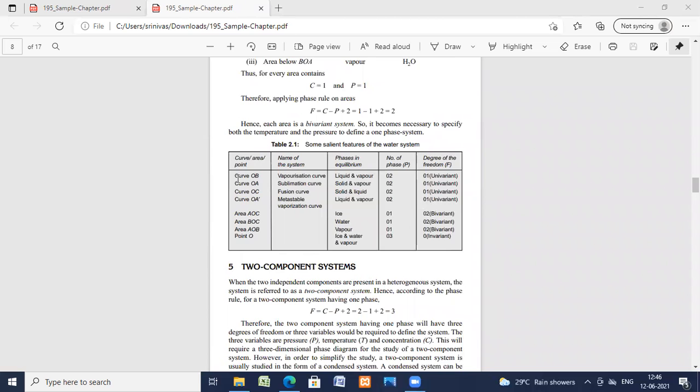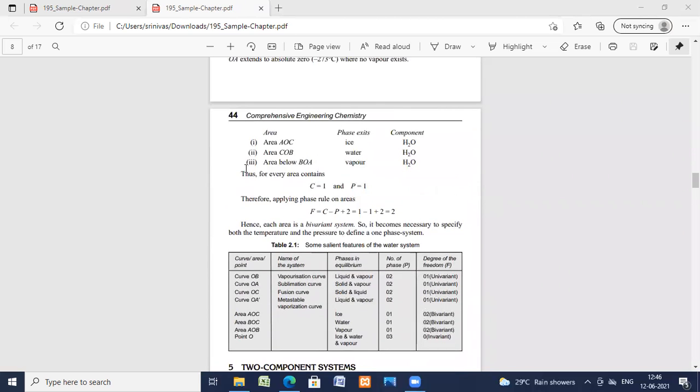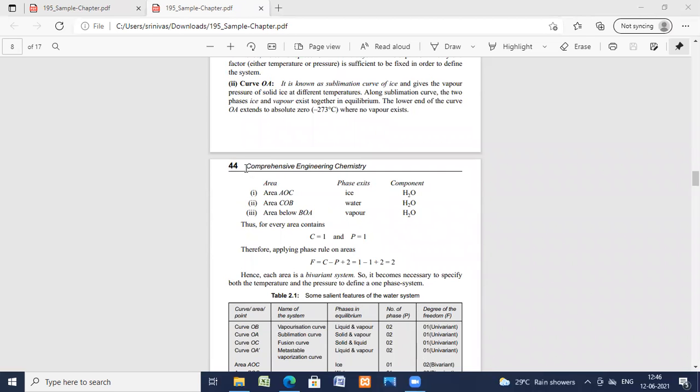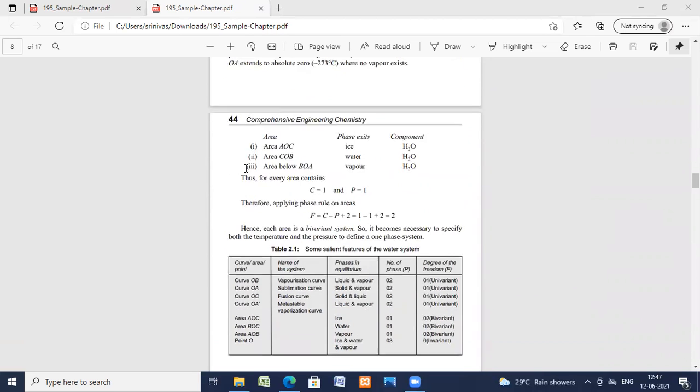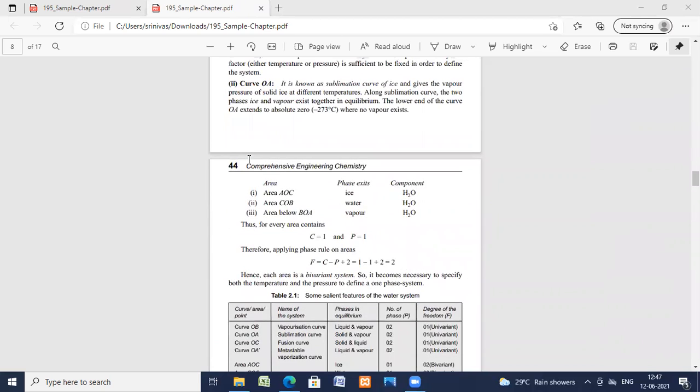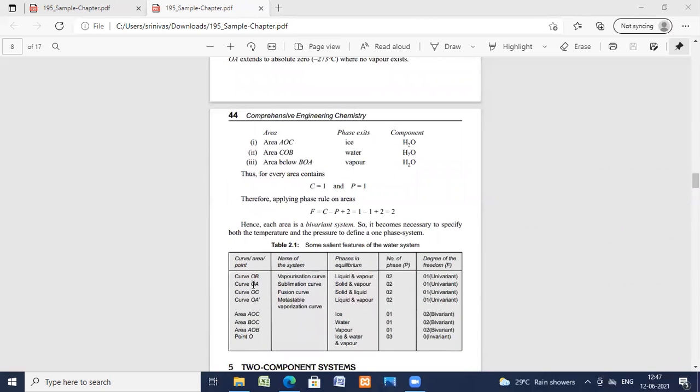Here are the salient features. So this system becomes specified when both temperature and pressure define one phase. We see here curve OB, curve OA, curve OC, and curve OA prime: the sublimation curve, vaporization curve, fusion curve, and metastable vaporization curve.